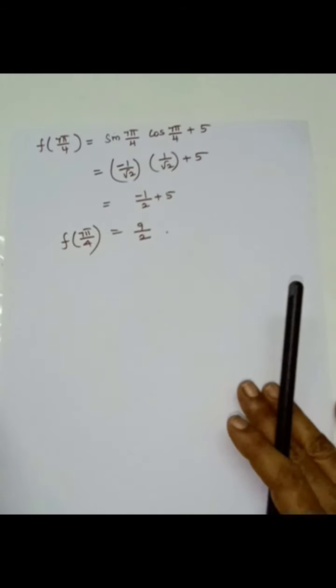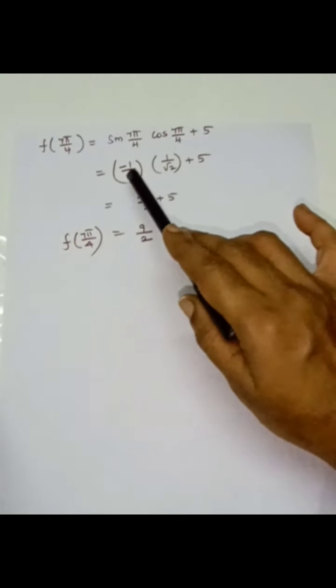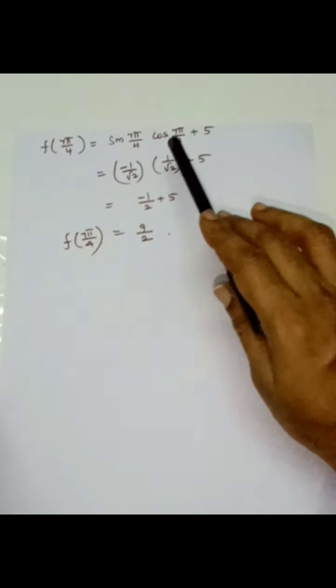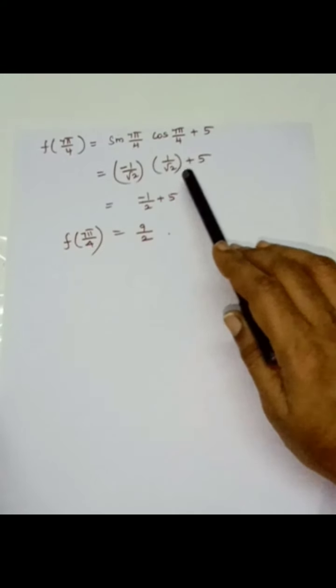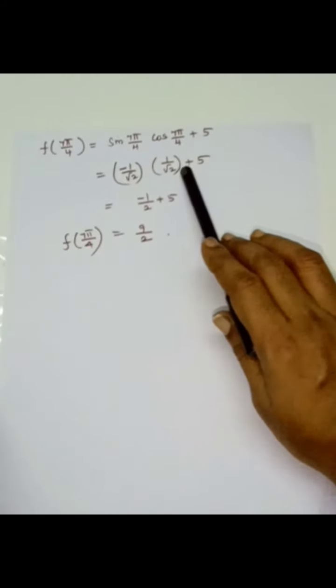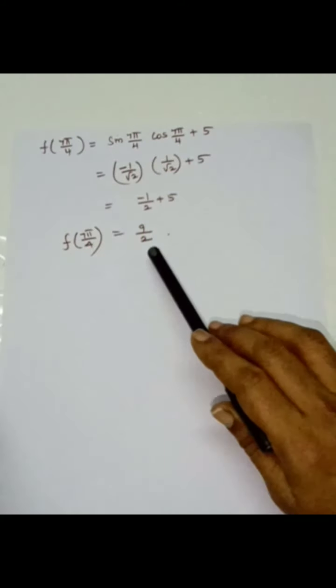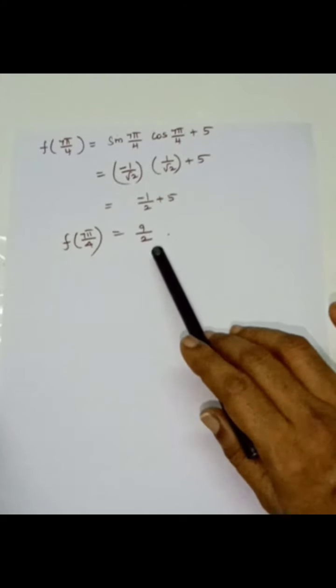So it lies in the fourth quadrant. In the fourth quadrant, sin is negative. So it is minus 1 by root 2. Your cos is positive. So it is 1 by root 2 plus 5. So when you multiply, it is minus 1 by 2 plus 5. If you take LCM, it is 9 by 2. So this is the minimum value, which is obtained at 3 pi by 4 and 7 pi by 4.